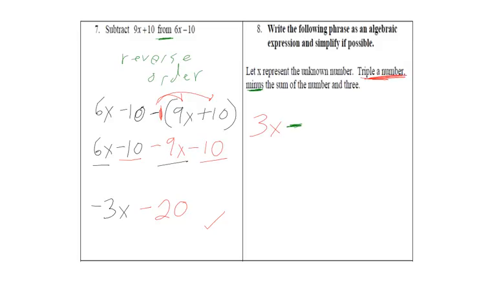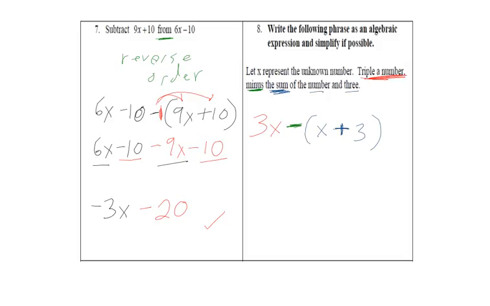And then you see the words the sum. When you see the sum, what you have to do is do a set of parentheses and put a plus sign in between, in the middle. Well, what goes inside? A number and 3. That means x and 3. Okay. We've translated. Let's solve.